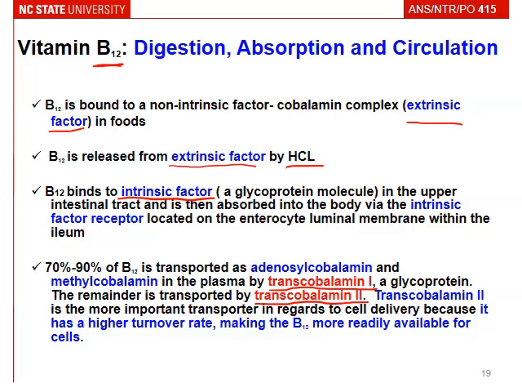Now, transcobalamin 2 is actually better because it has a higher turnover rate, making B12 more readily available for the cells, where the lower turnover rate of transcobalamin 1 means it's going to hold on to the cobalamin. It has a higher affinity, so it's not going to release and give it up to the cells as easily.